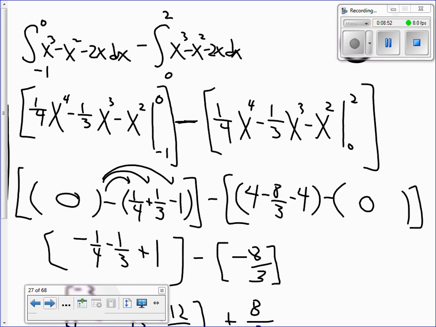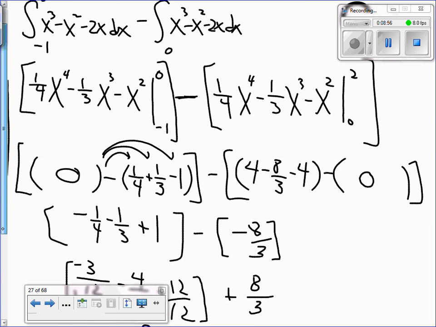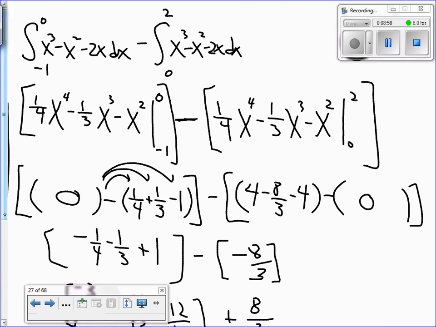Now, the answer came out to be 37/12. I have it with the minus. If you have the plus, just make sure your 2 is down here and your 0 is up there. First thing you've got to do is take the antiderivative of the function, and then you plug in upper, lower, and subtract.